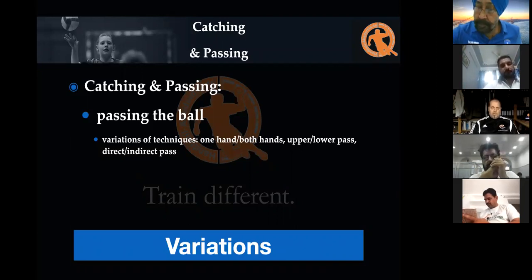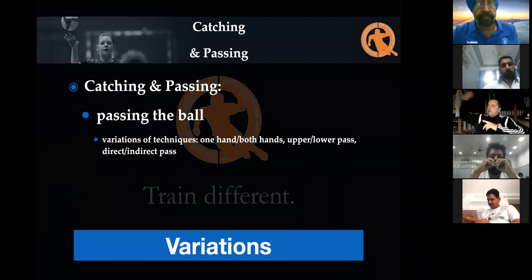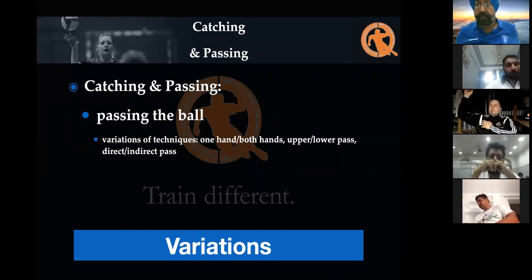But you have to be aware that in this lower hand pass, there are some restrictions. First is the direction. Second is the distance. You give this over a short distance only and not over a long distance. So if you want to have variations in different directions, if you want to have variations over different distances, then you use the upper hand pass for sure.